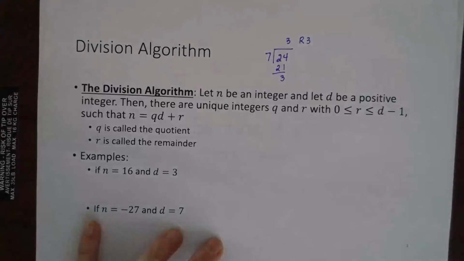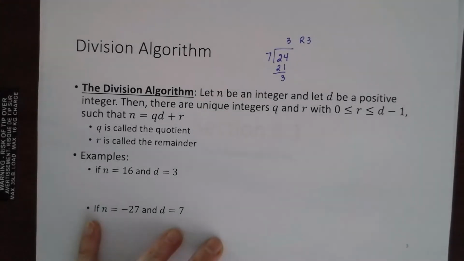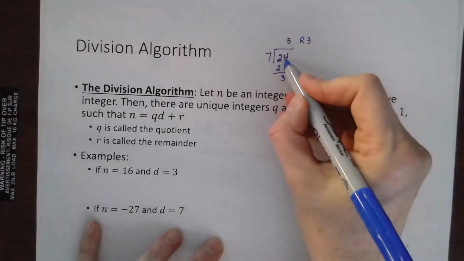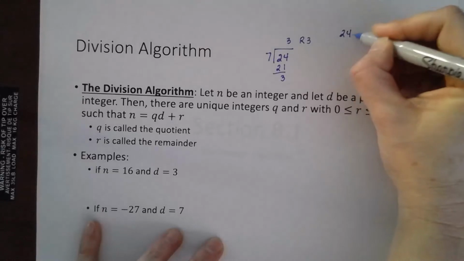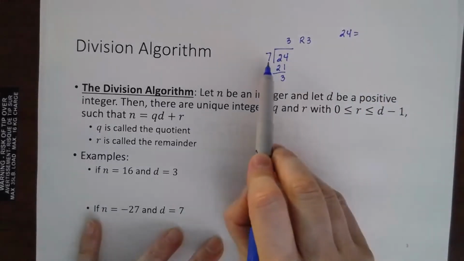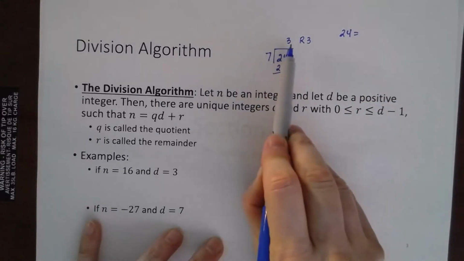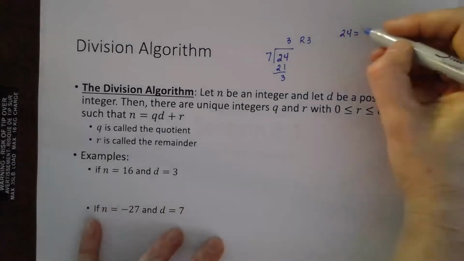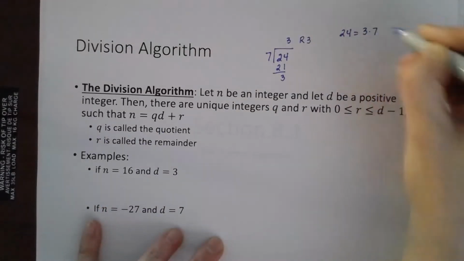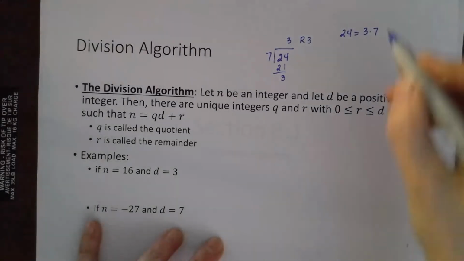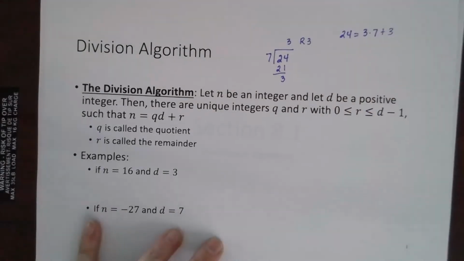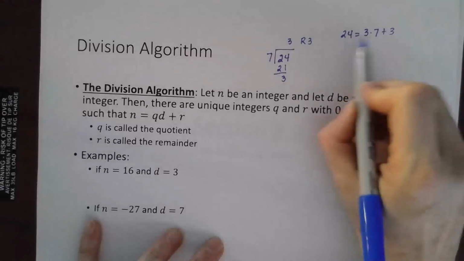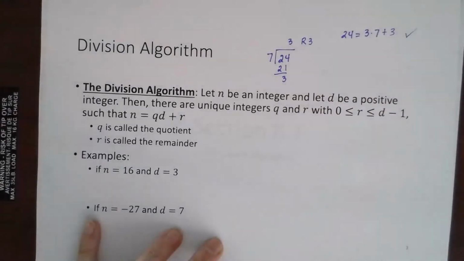If you had to check it, you would say, is this number 24 equal to my divisor times my quotient, or in this case quotient times divisor, so 3 times 7, and then you add on the remainder. You say, oh, that's 21 plus 3 is 24. Yep, I did it right.